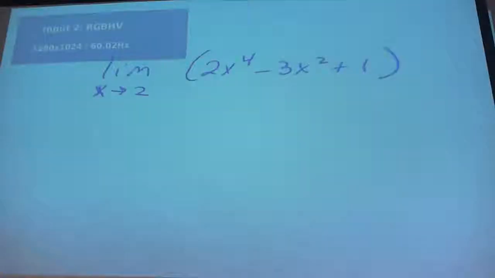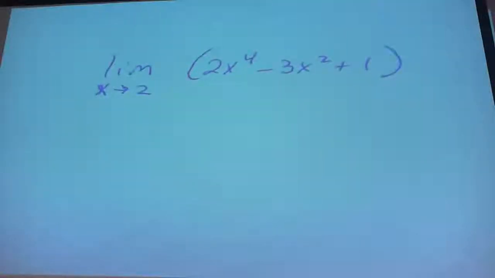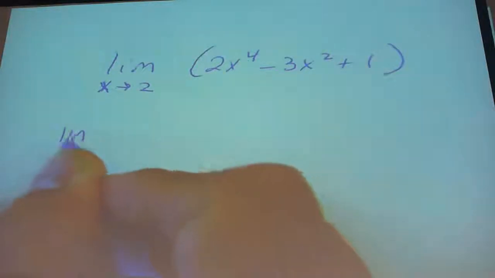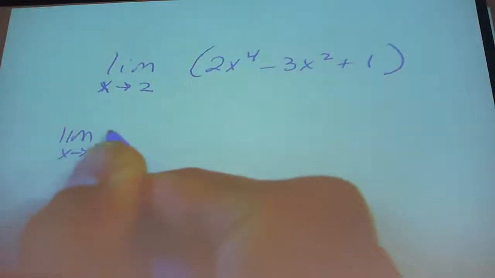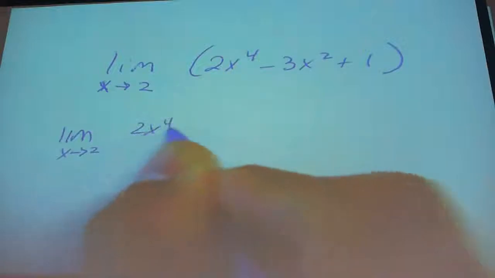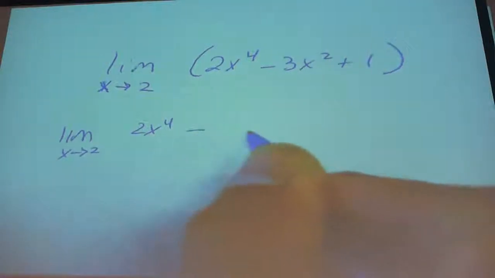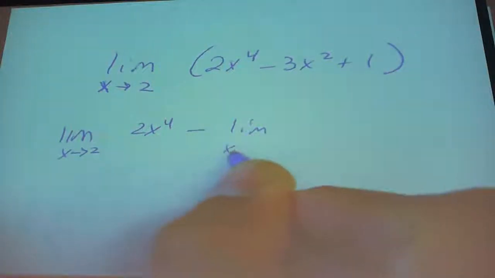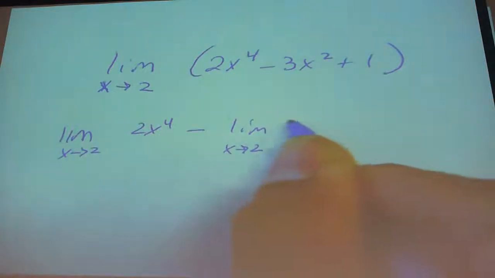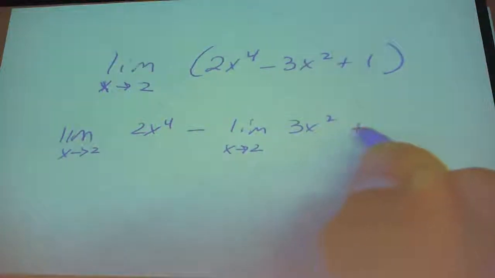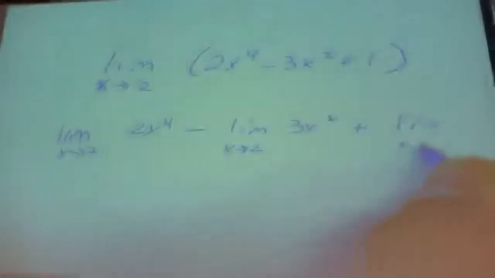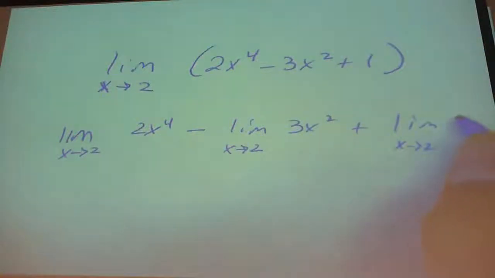So if we have the limit as x approaches 2 of 2x to the 4 minus 3x squared plus 1, that is the same as the limit as x approaches 2 of 2x to the 4 minus the limit as x approaches 2 of 3x squared plus the limit as x approaches 2 of 1.